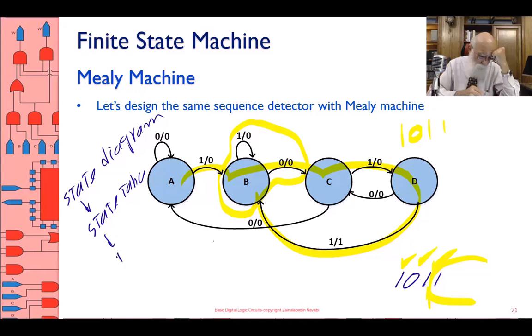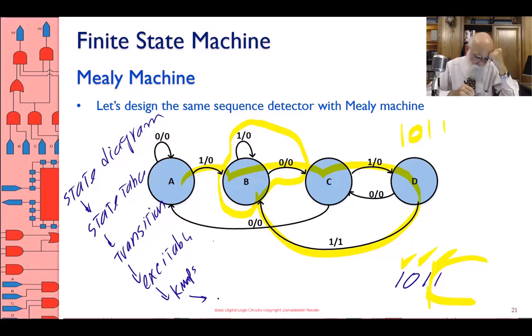Then we do transition table. Then we do excitation table. Then we do K-maps. Then we do circuit diagram. And then we are done. So let's go through all these steps, starting with what you see in front of you.